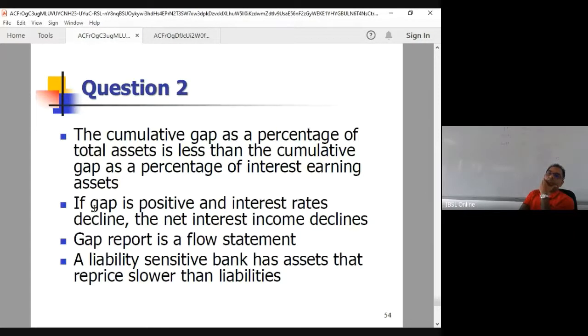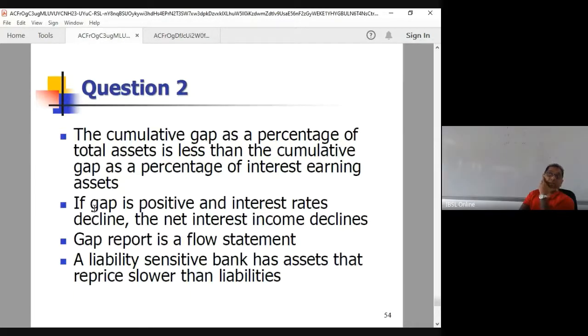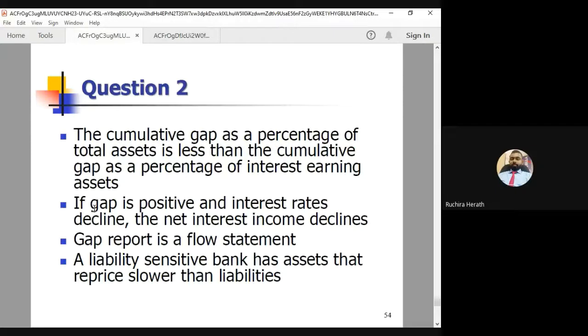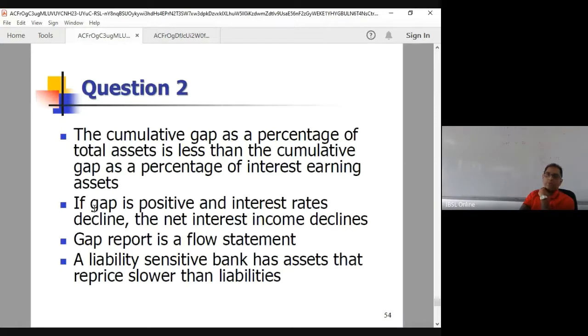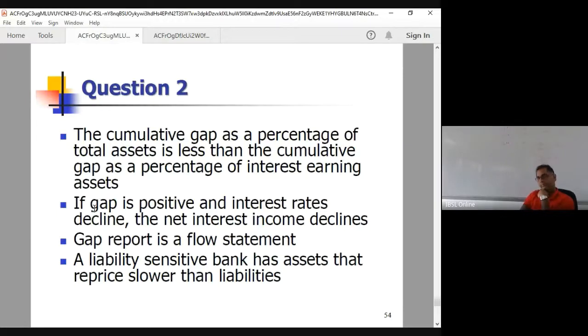And when you say negative gap, you have more liabilities than assets, correct? You may have lent long term, which means your liabilities get repriced faster than assets, correct? Yes. Is that right or wrong?